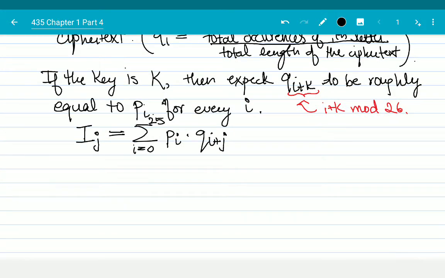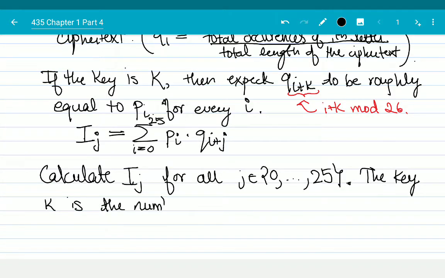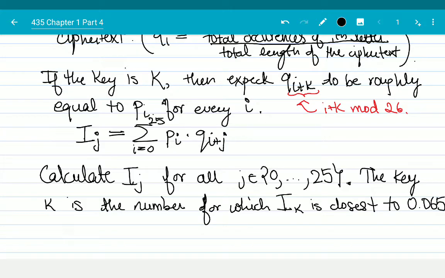The idea is to calculate Ij for all j from 0 to 25, and then the key K is the number for which IK is closest to 0.065.